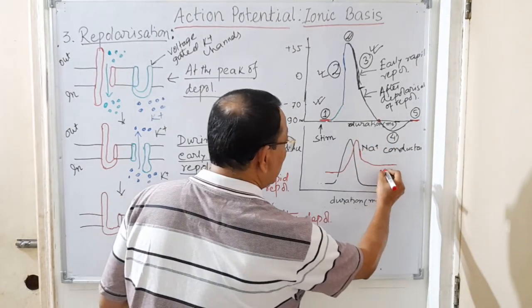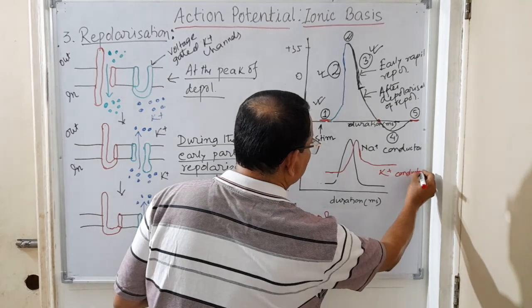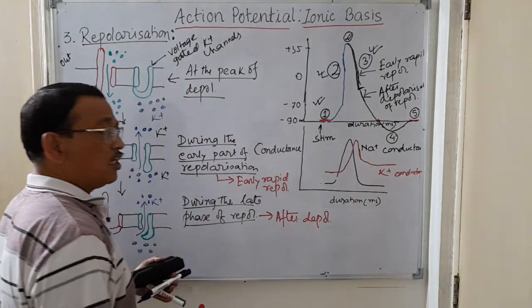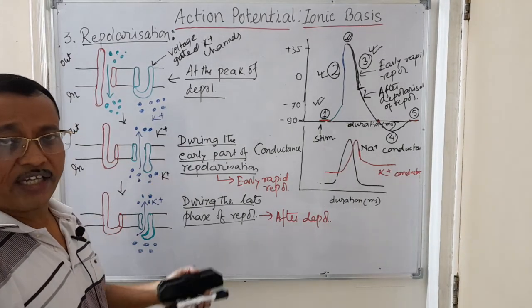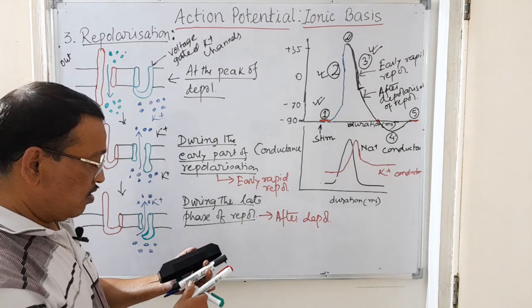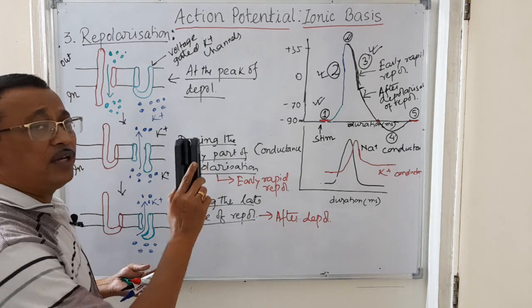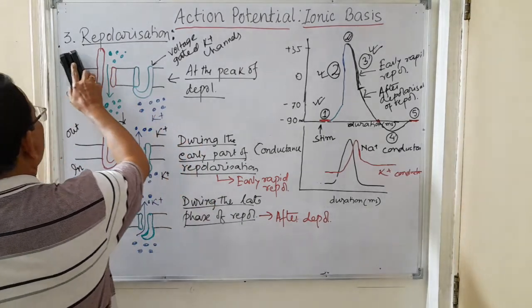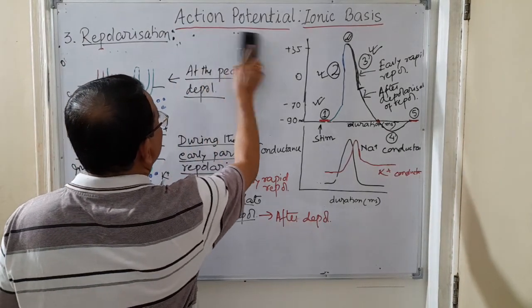So this is the curve of the potassium conductance. This is about the ionic basis of the repolarization. Now, if we summarize the ionic basis of the repolarization, what will we get?